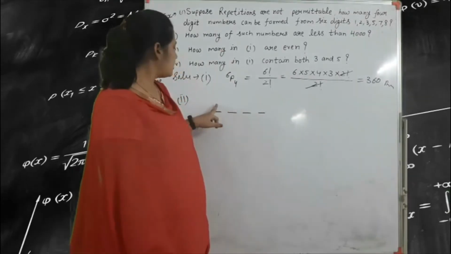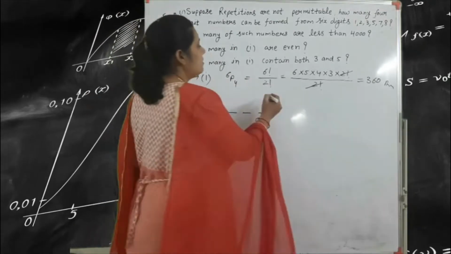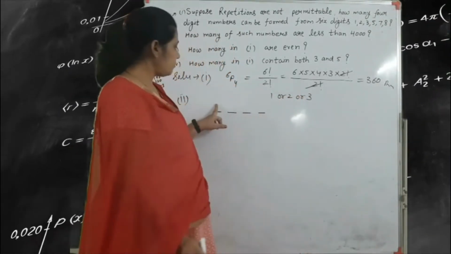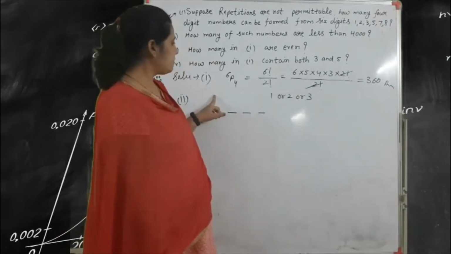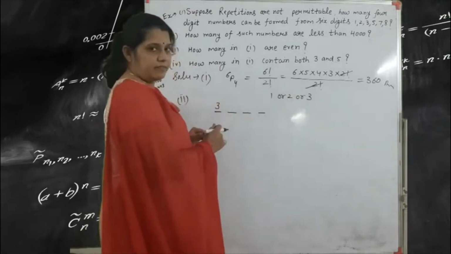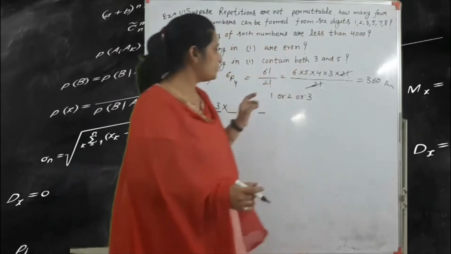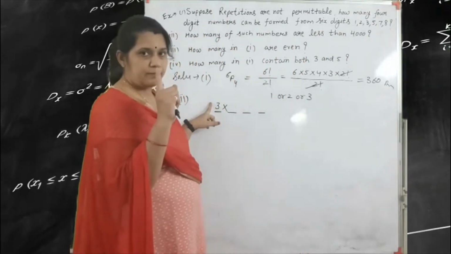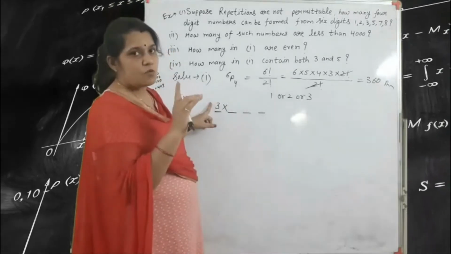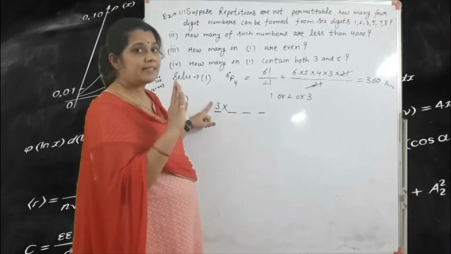So in the thousand place we use 1 or 2 or 3, that means we write 3 ways here. Next, we put only one value in the thousand place. The total number of digits is 6, so one digit is used, and the remaining is 5 digits.